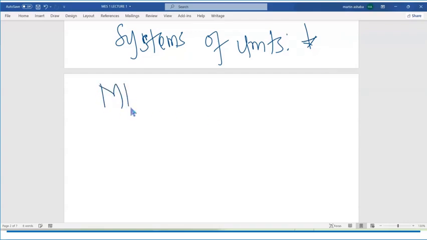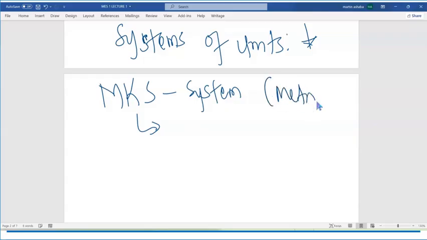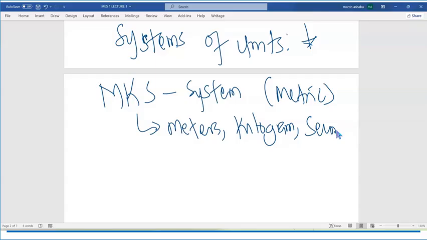So we have what we call MKS system. This is a system that is sometimes called metric. We are talking about the system that represents quantities in terms of mass, which is in kilograms, length in meters, and time in seconds.